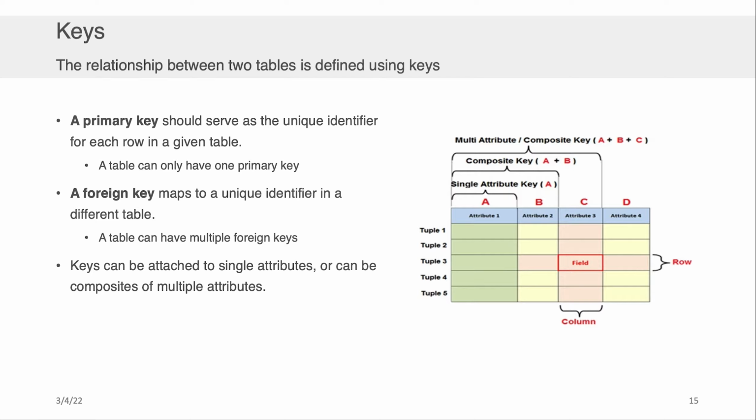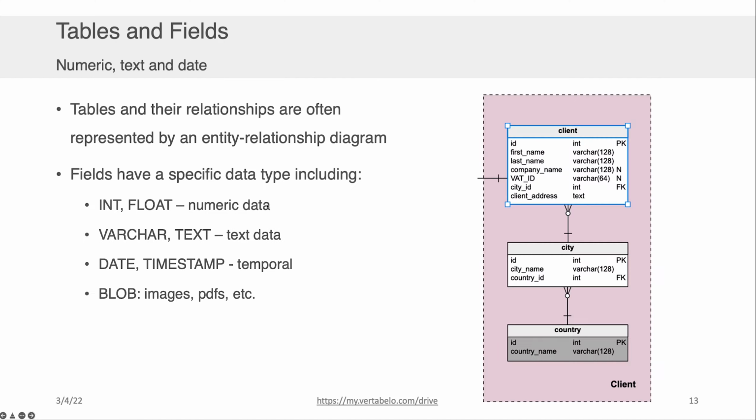Okay, and then you can have foreign keys. These map a unique identifier in a different table. So if we come back up a couple of slides just to be clear here, in this client table, you can see there's an ID, right? And within this, there is also a city ID. Notice that this ID for the client has PK to the right of it. This is indicating that it's the primary key of this table.